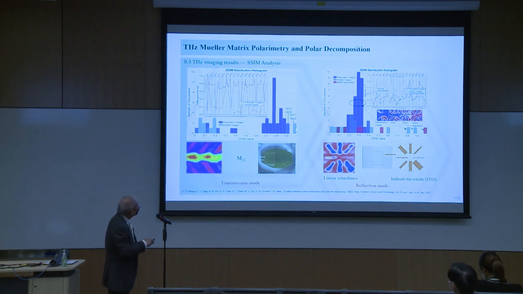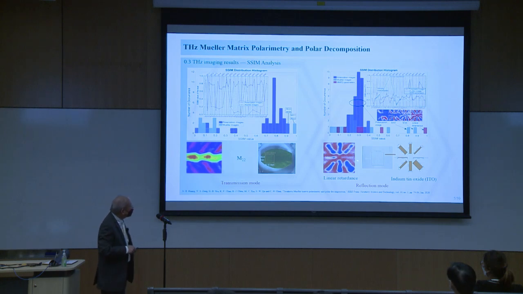If this number is closer to 1, the quality of the image is good. But you can see that whether it is the Mueller matrix or the normal polarimetry image, they are similar. So in this particular example, the Mueller matrix is not as crucial.